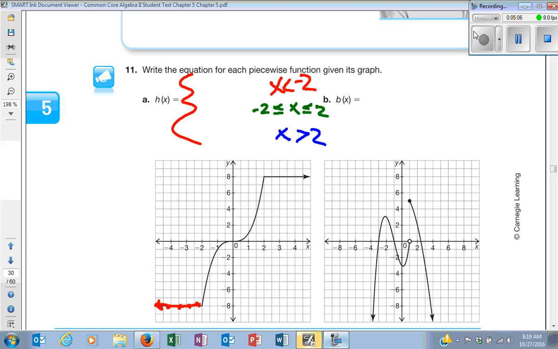And y is always what? So guess what this equation is? Y equals -8. So how would I write that up here? What does this represent? Y. So all I have to put here, do you see how I put this like bracket? Because y equals -8 when x is less than -2. So as long as my x is less than -2, I get a -8. Sorry, I should put -8.